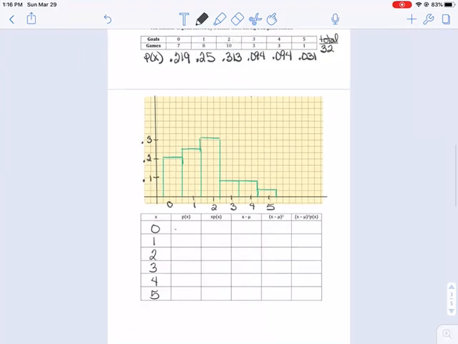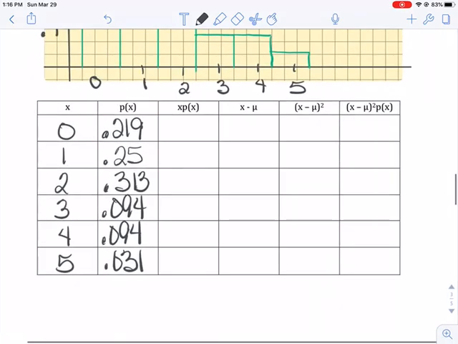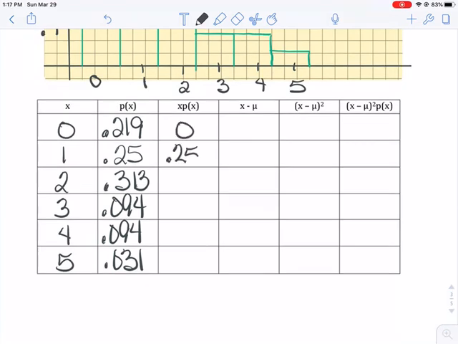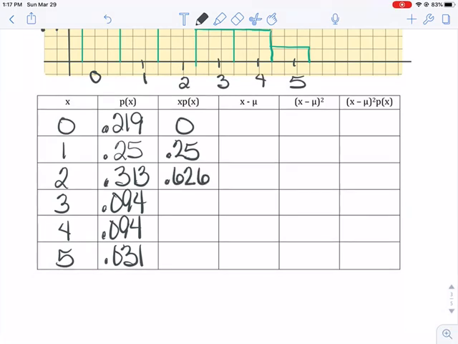Okay, P of X. Okay, all right, so now we have to do X times P of X. So remember, we're going to total that to get our mean.